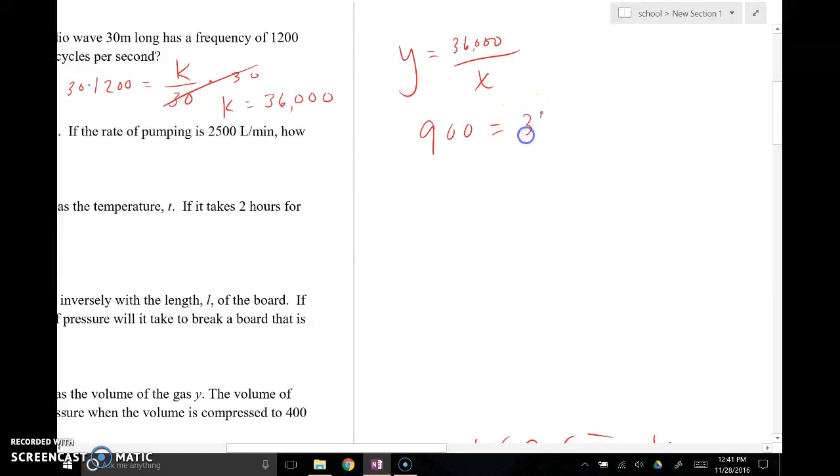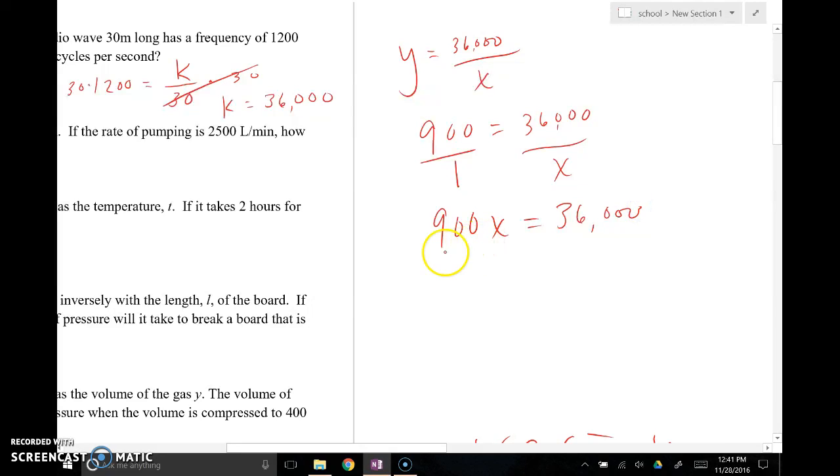So 900 equals 36,000 divided by x. So this can turn into a proportion over 1, and I can now cross multiply when I have a fraction equal to a fraction. So cross multiplying in order to get rid of these fractions, 900 times x is 900x, and 36,000 times 1 is 36,000.